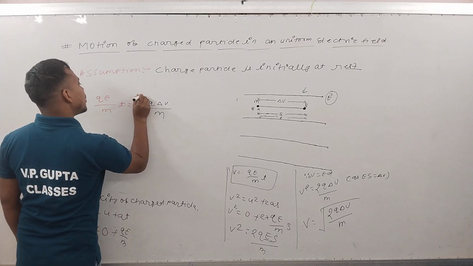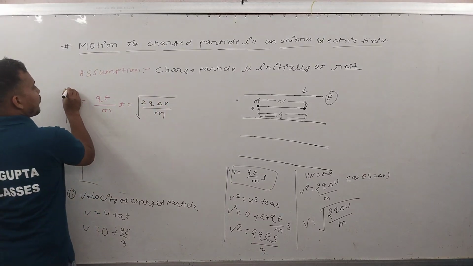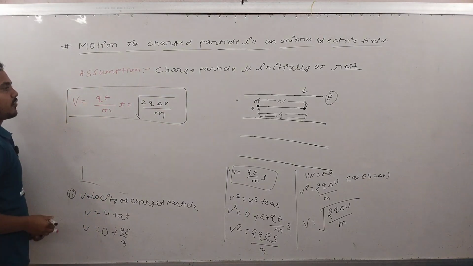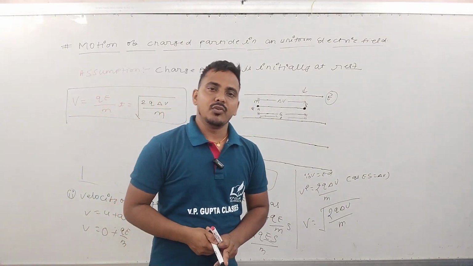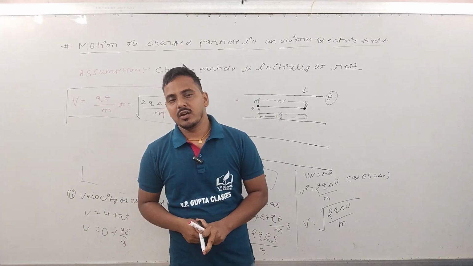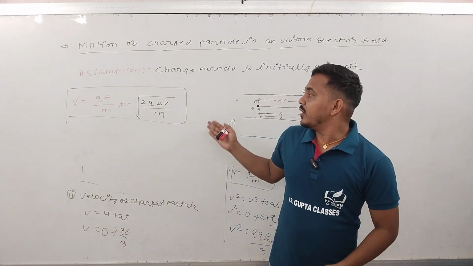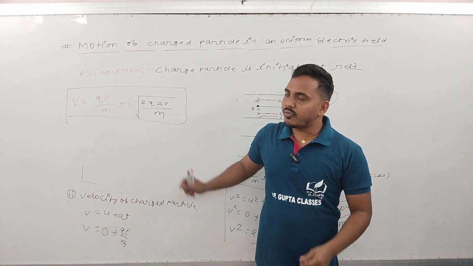This is the formula for the velocity of a charged particle in a uniform electric field, and you should learn this formula.